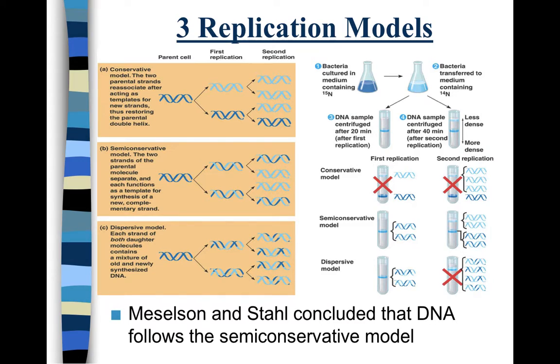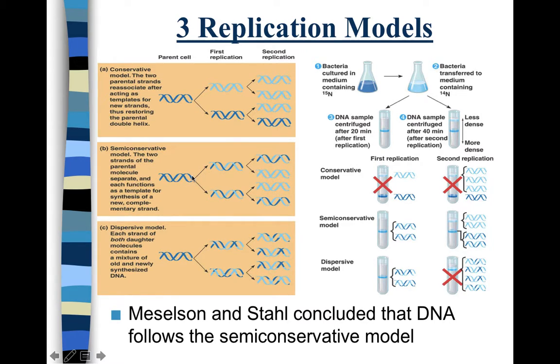3 replication models. All right. The first one is the conservative model. The 2 parental strands reassociate after acting as templates for new strands, thus restoring the parental double helix. Semi-conservative model.